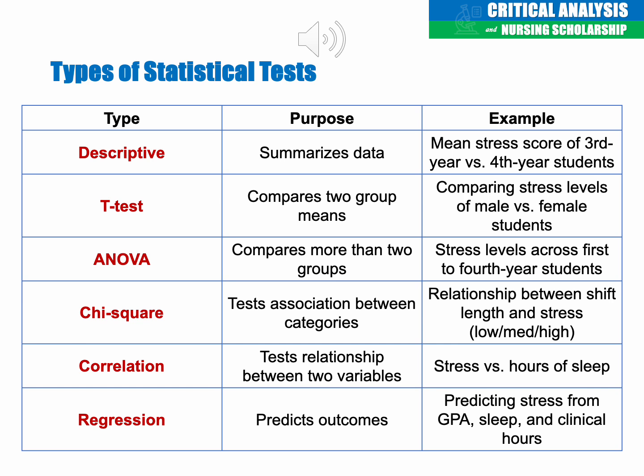And you might probably be asking, is it very important that we know exactly how to run those tests? Having an understanding is also good. However, today, when you conduct research, normally a part of your team is a statistician who will help you analyze and make sense about those data or numbers that you have collected. These are the different types of statistical tests that you're going to use when analyzing data in quantitative research.